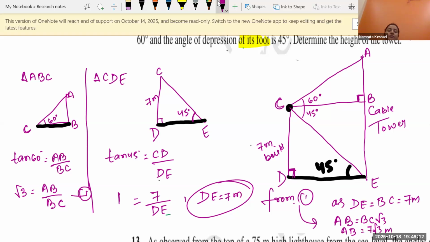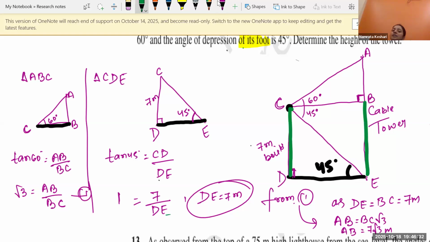Yes, ma'am. And you have to find the complete height of this tower. That means from A to E, you have to find the height. Since you know it's a rectangle, you already understand that this CD and this BE are the same, both the same in length.